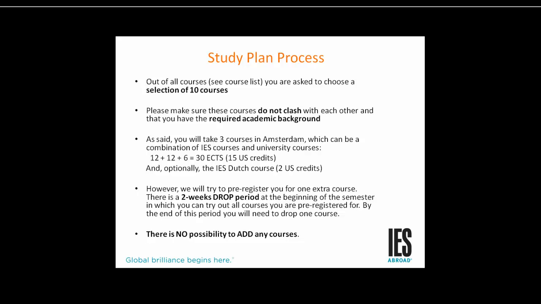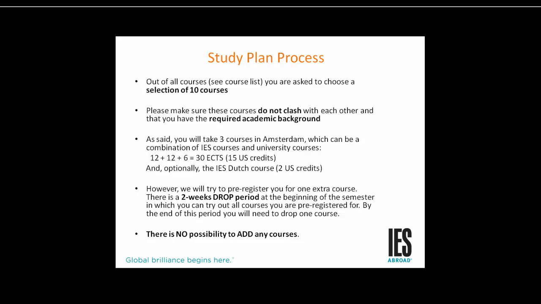It's important to make sure that none of these courses clash with each other, and that you have the required academic background. On that list you will see that each course has the meeting schedule listed behind it. There's a course description, and in some cases you need an academic background. That means a major in anthropology or sociology. It's all listed there, and it's important that you have a good look at all of those items.